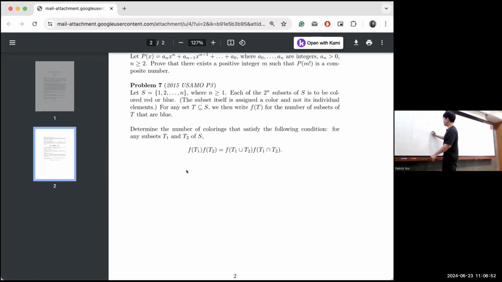So now let's take the subset C that is the smallest subset that is blue, so in this case C wouldn't be empty because the empty set is 0. So if we take any subset, now let's see this equation F(C) F(T) equals F(C).